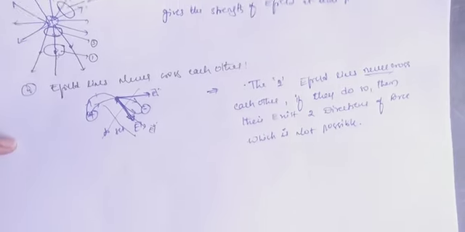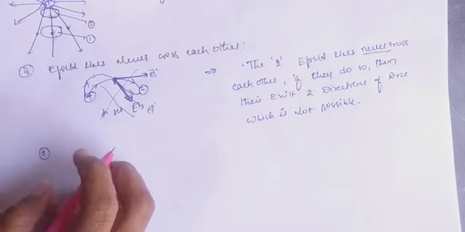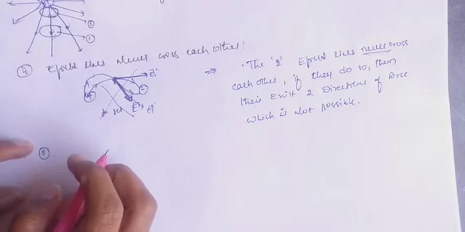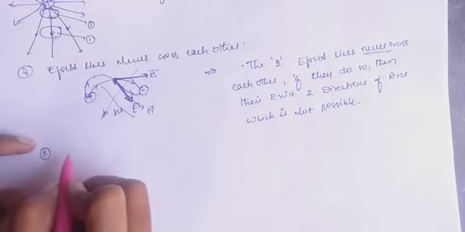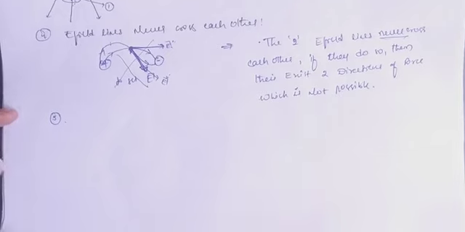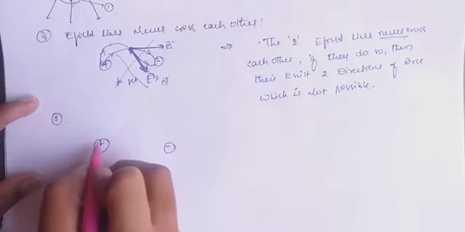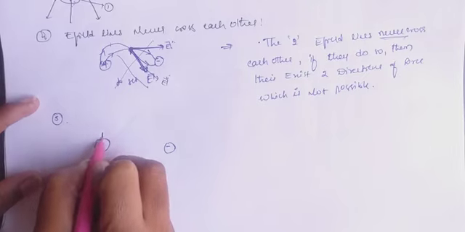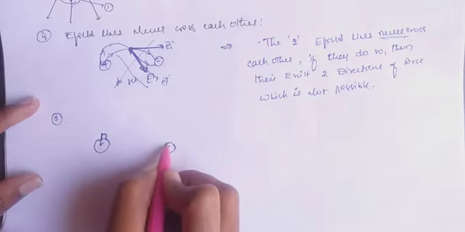Now another property: the line starts from the positive charge and ends at the negative charge. Here this is positive and this is negative. The starting point must make 90 degrees with the surface. So the starting point should be at a right angle to the positive charge and the ending point also at a right angle to the negative charge.